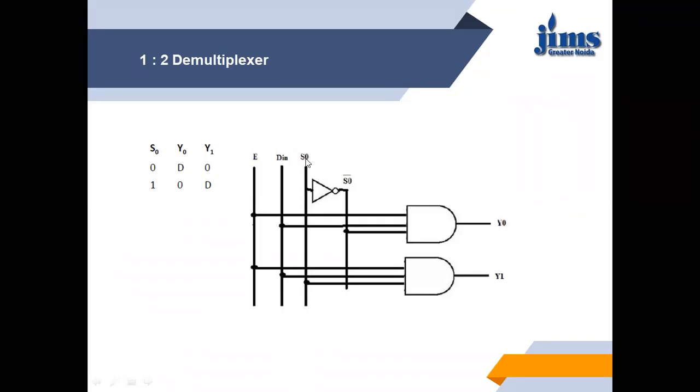Whenever S0 is 1, the output of this NOT gate will be 0, which means the output of the first AND gate will be 0, and for the second AND gate, E is 1 and S0 is 1, so the output will be equal to D. This is how a demultiplexer is constructed with the help of AND gates.